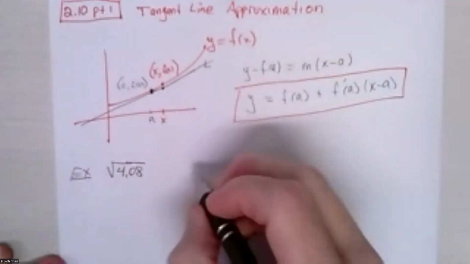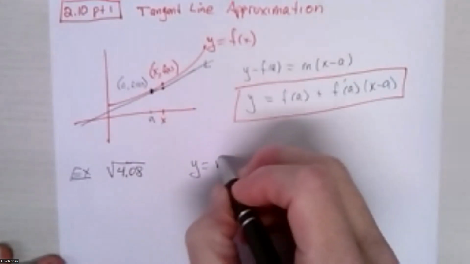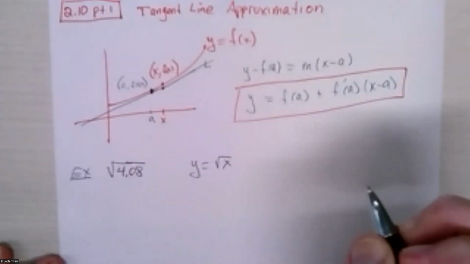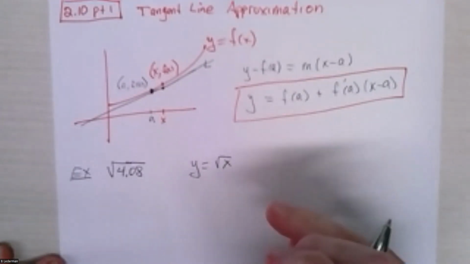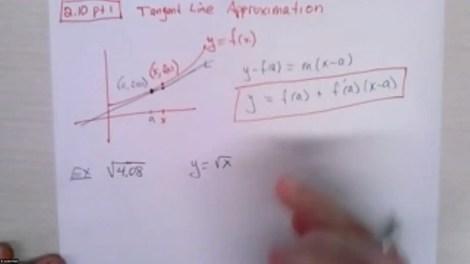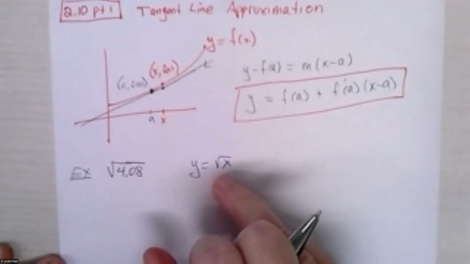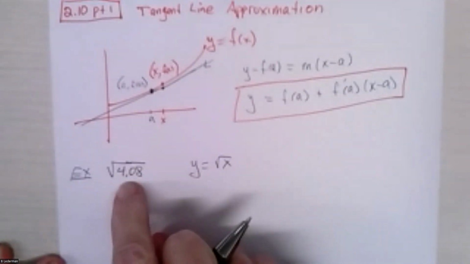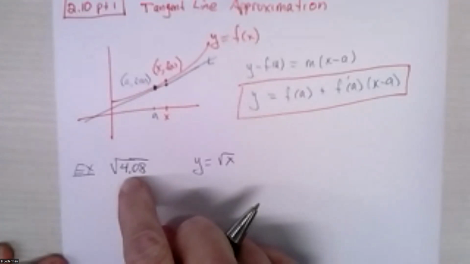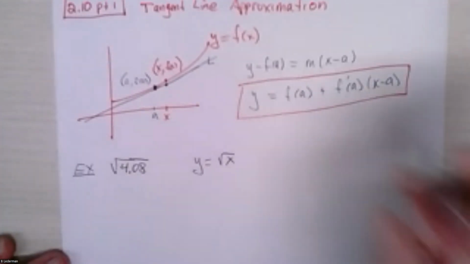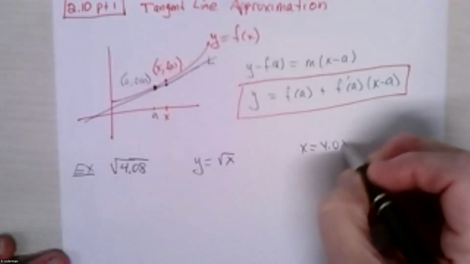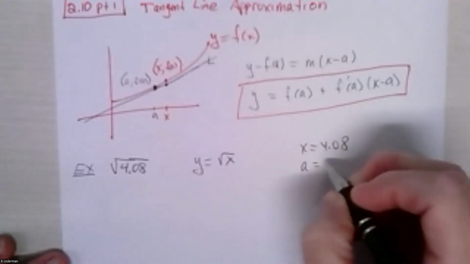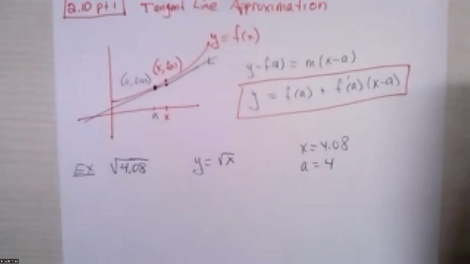So what I'm going to do is look at the curve y equals the square root of x, and I'm going to find a point A which is easy to figure the value of. I want to find a perfect square that's pretty close to 4.08. A very nice perfect square nearby would just be 4. 4 is a perfect square.